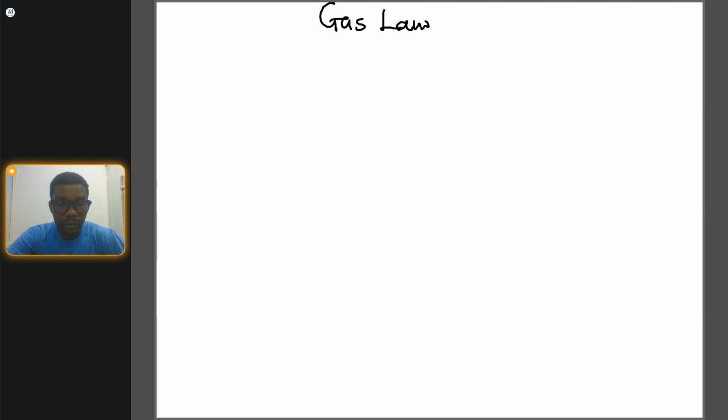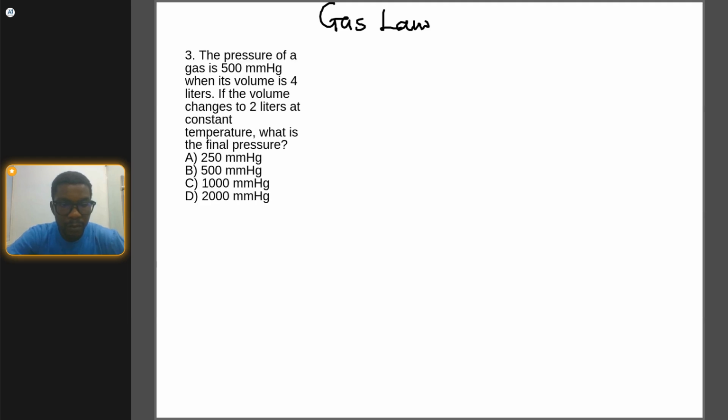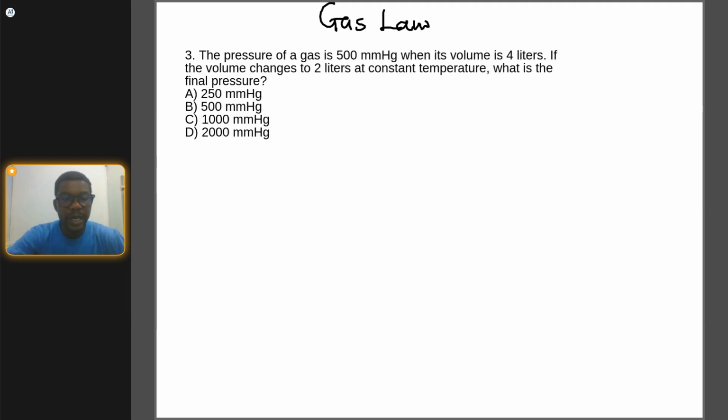The pressure of the gas is 500 millimeter mercury.